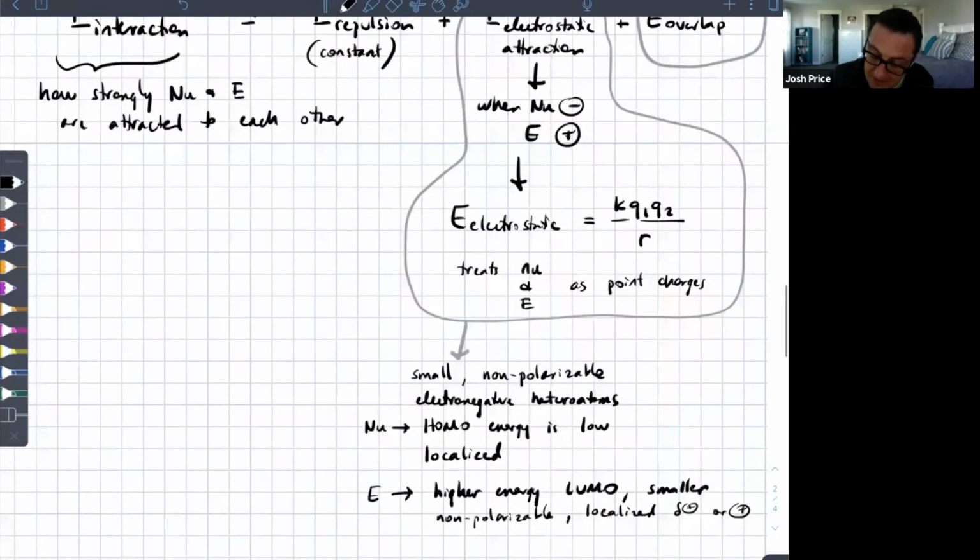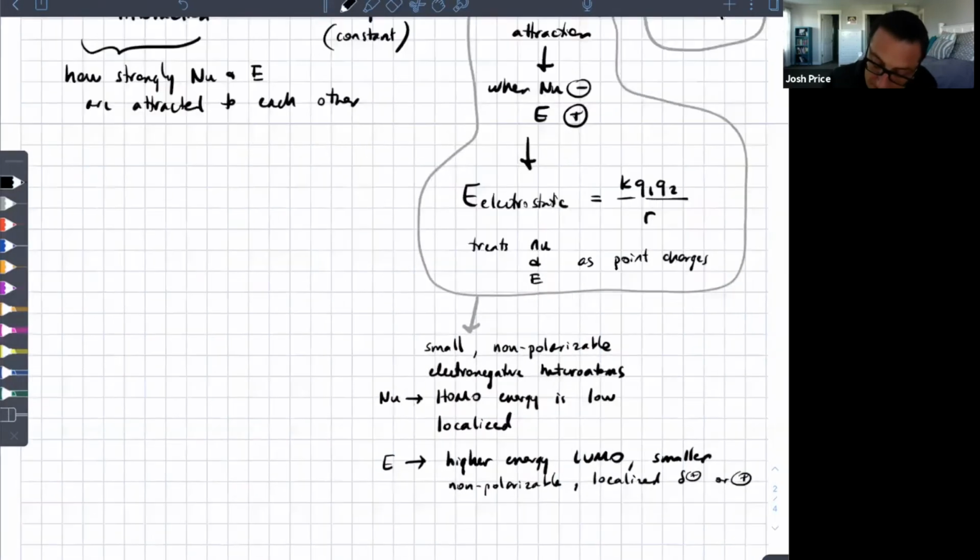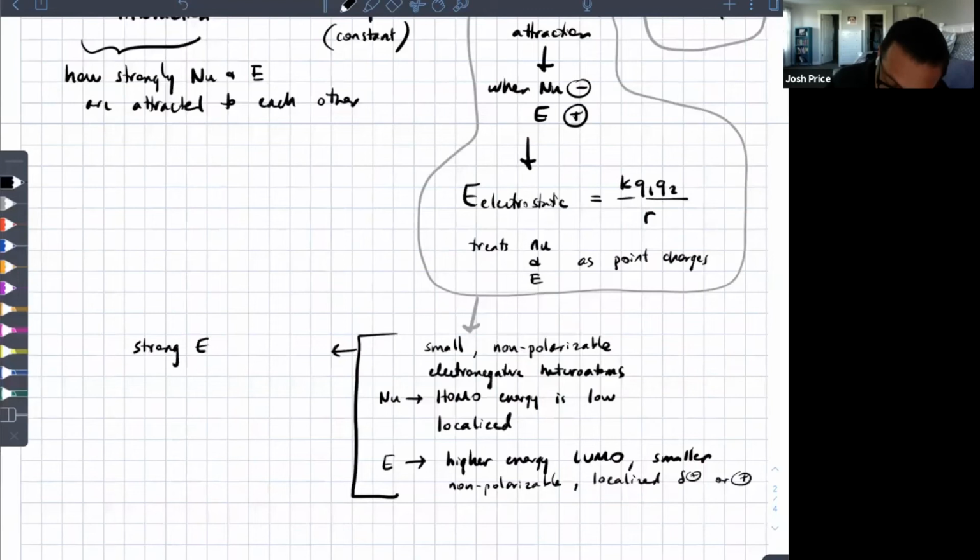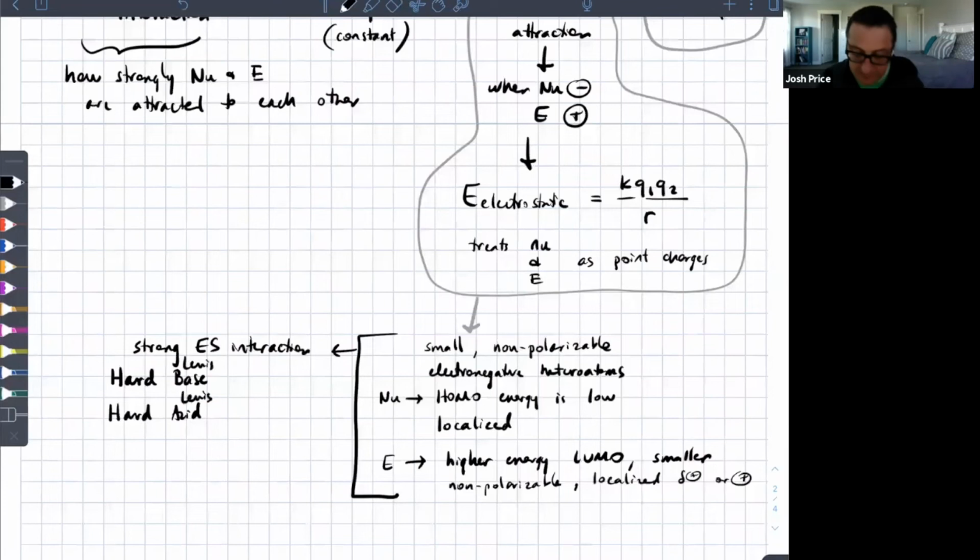And these types of nucleophiles and electrophiles will have a strong electrostatic interaction. And because of that, we're going to call the nucleophile a hard base and the electrophile a hard acid, a hard Lewis base, a hard Lewis acid, a hard nucleophile, a hard electrophile.